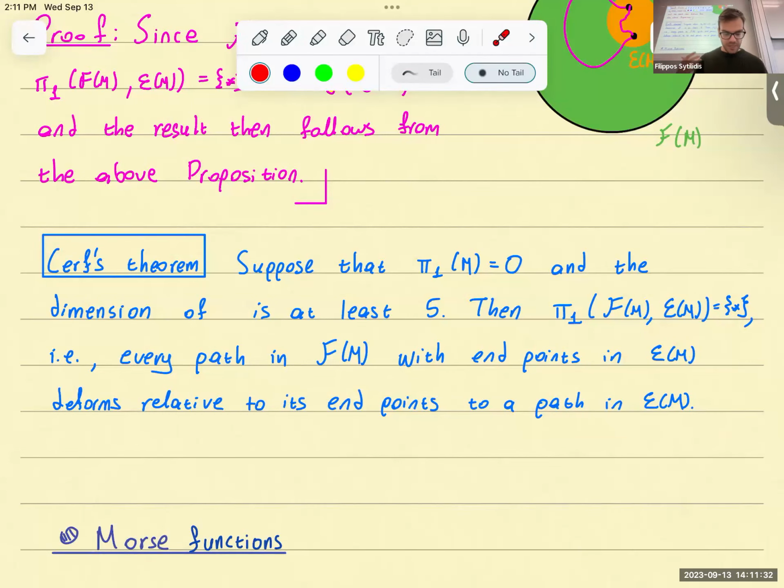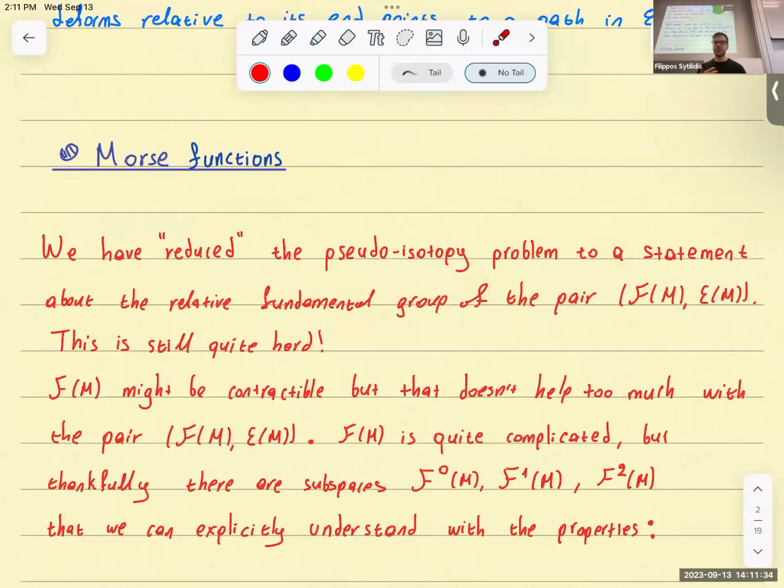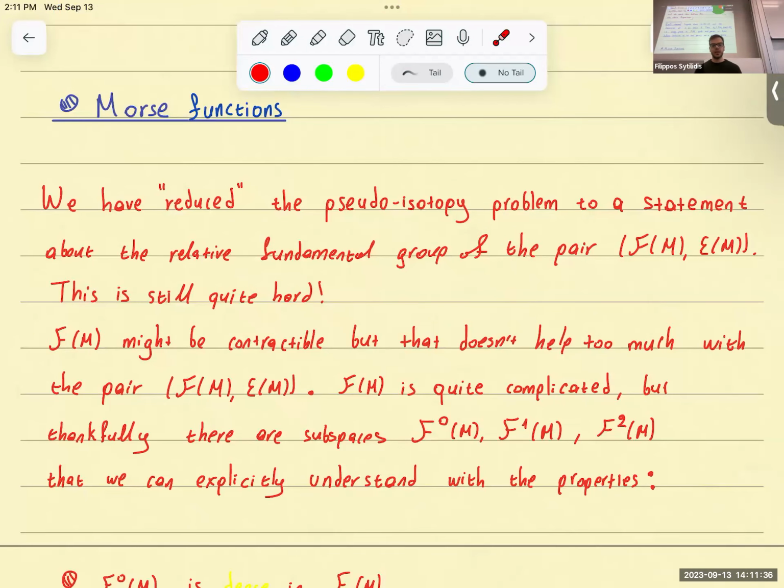Okay, so now let's start talking a little bit about Morse functions. So the idea so far is that we got a problem, the pseudo-isotopy problem in differential topology, and we reduced it to a statement about this relative fundamental group. But reduced here is a little bit of a stretch, this is still quite hard.